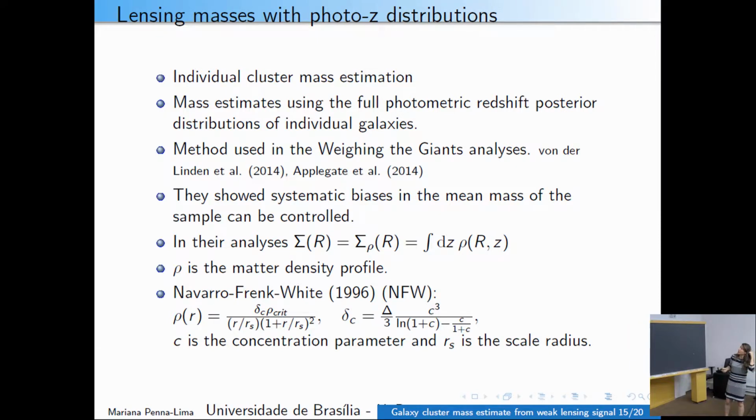One thing I'd like to emphasize is that, to compute the surface mass density, they consider just this term, where you have to assume a mass density profile. In particular, they use NFW, where rho is given by this relation, rho_c is the critical density of the universe, c is the concentration parameter, and r_s is the scale radius.